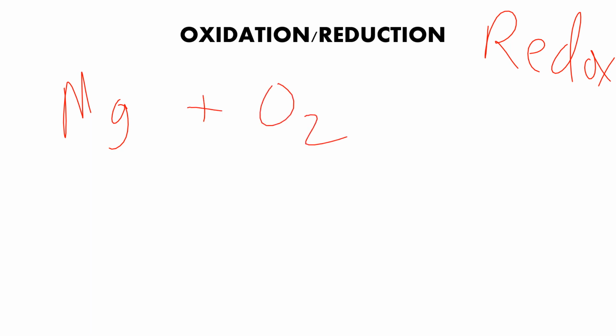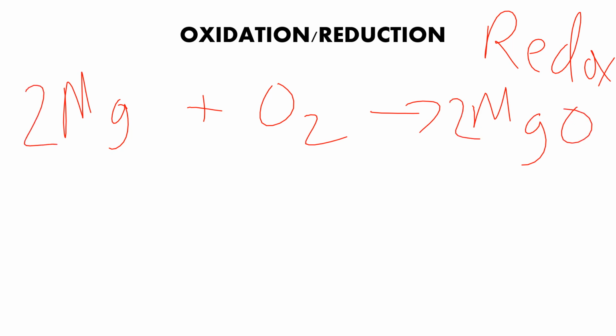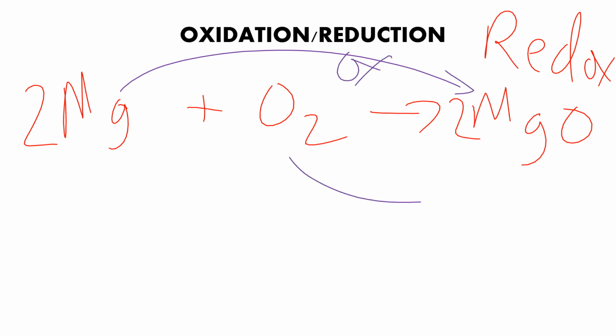Going back to the magnesium oxide example. Again, we say that the magnesium has been oxidized, the oxygen has been reduced in this redox reaction. One produces electrons, one uses up those electrons.